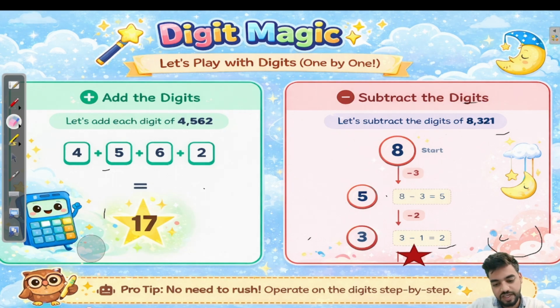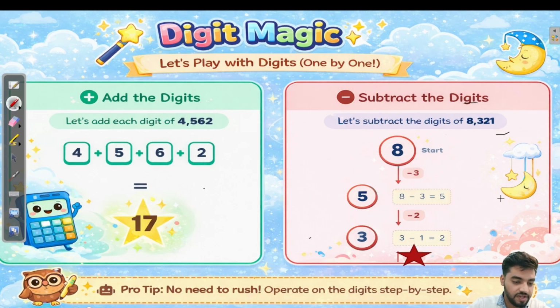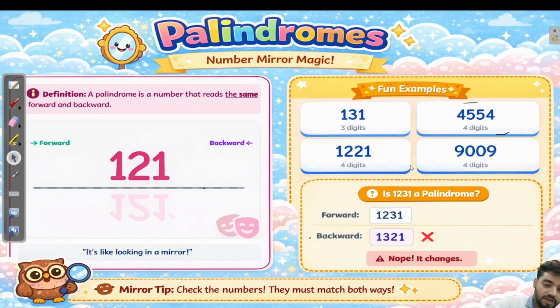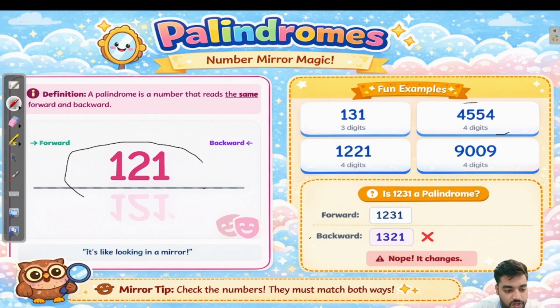Last, we can see the magic of numbers, where we learn about palindromic numbers. Can you see the number 121? Can you read it? When we read it forward, we read 121. But when I tell you to read it backwards, it also reads 121.